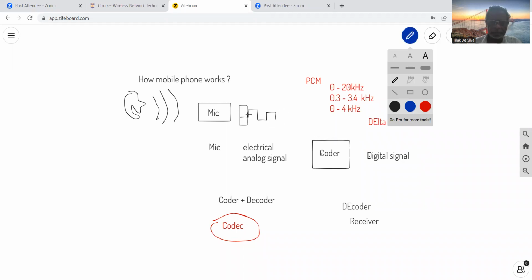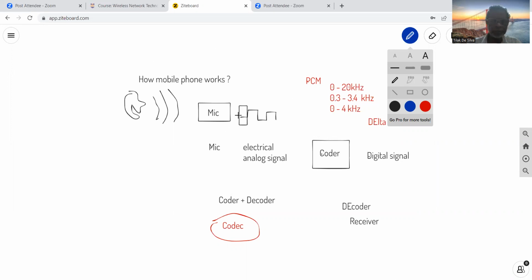Then this digital signal, again we have to convert to analog signal before putting it into the free space. This is very important. This digital signal, we have to convert to analog signal before sending it to the free space. Right?